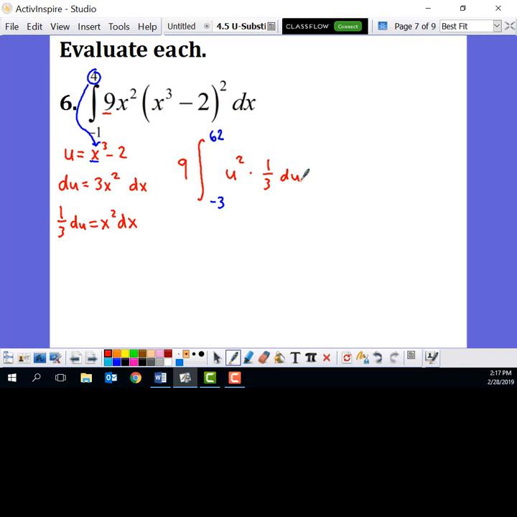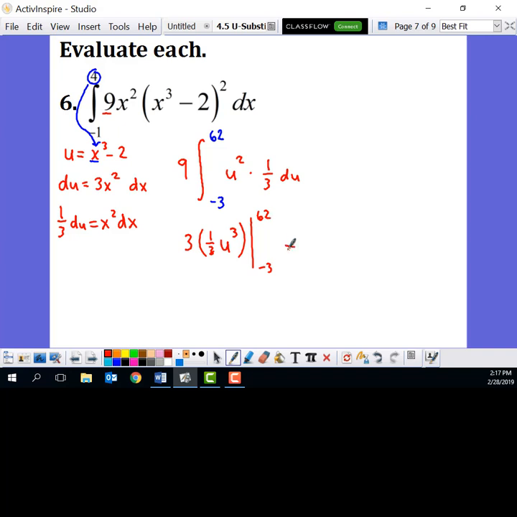You can slide the 1/3 out as well, so 9 times 1/3 would give me 3. And that's going to be u to the third power if I add 1 to u squared, and then I multiply that by the reciprocal of that exponent, which is 1/3. And we're going to evaluate that from -3 to 62.